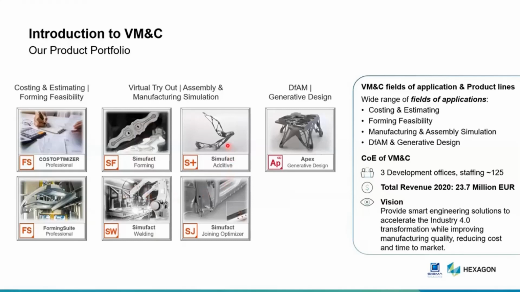Then comes the advanced, or latest, technology called 3D printing and additive manufacturing, where we talk about metal 3D printing, and optimizing for additive manufacturing, which is more of an apex generative design. If you are working on mechanical joining and riveting processes, then we have Simufact Joining as well as an optimizer.